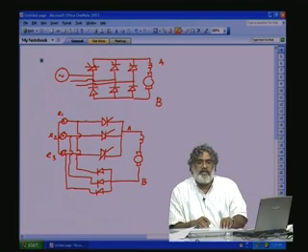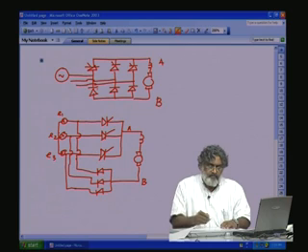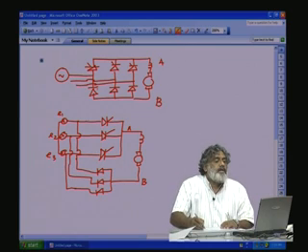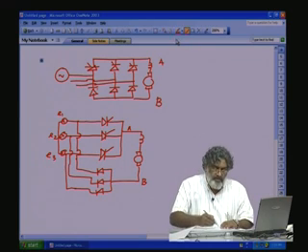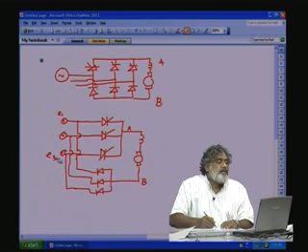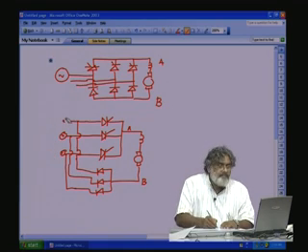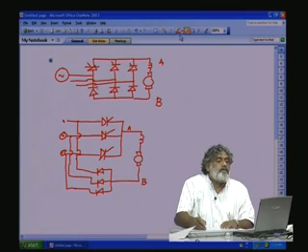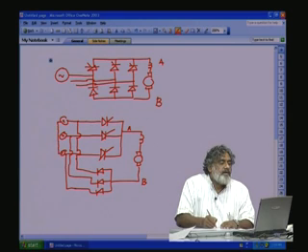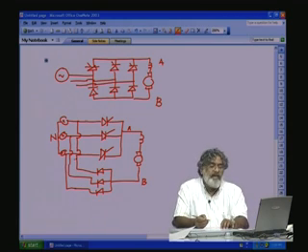Load is connected like this. E2, so we will redraw this one. There is E1 from here. So, this is our neutral, 3-phase neutral side.